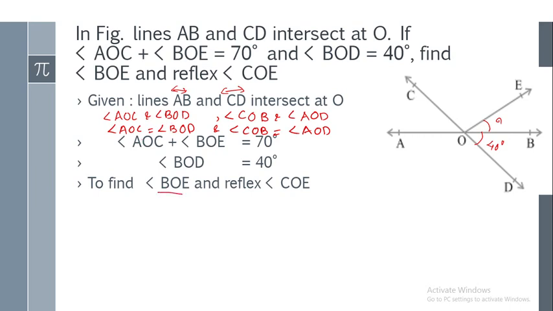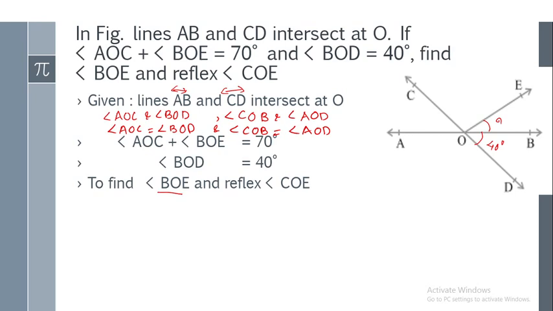Now take 2 minutes and find out what is angle BOE. Ma'am, angle BOE is equal to 30 degrees. Okay, Harika is telling me it is 30 degrees. And reflex of COE is equal to 250 degrees. Okay, she is giving me both the angles. I will check.